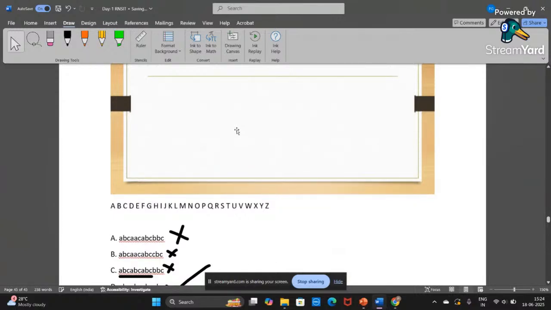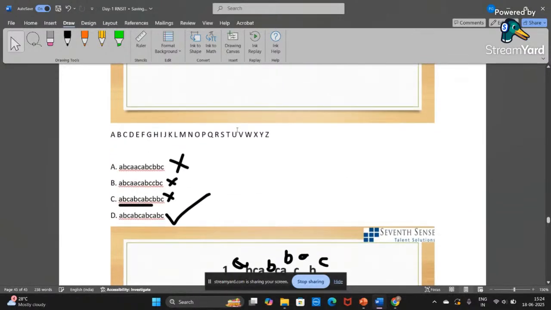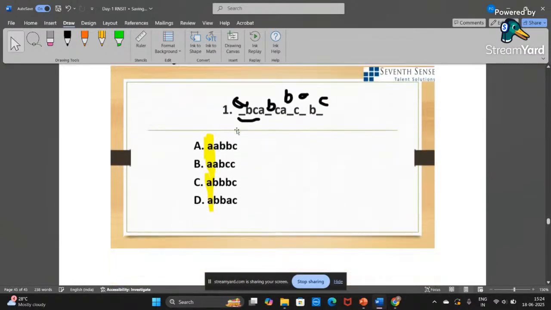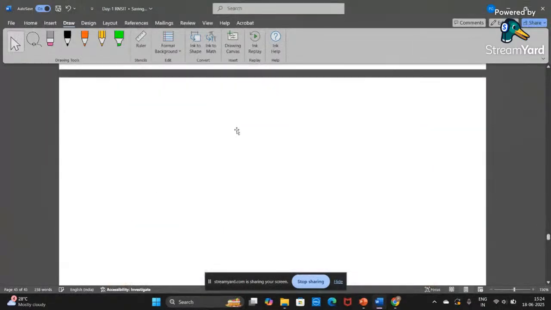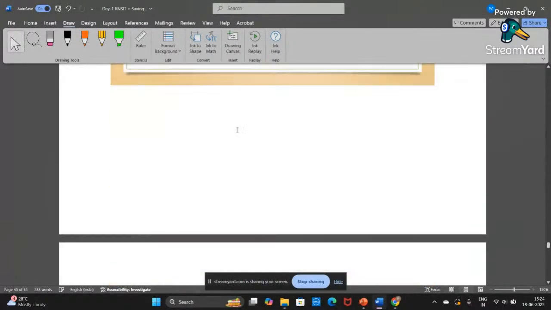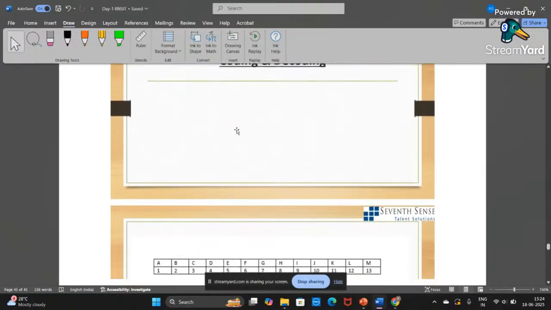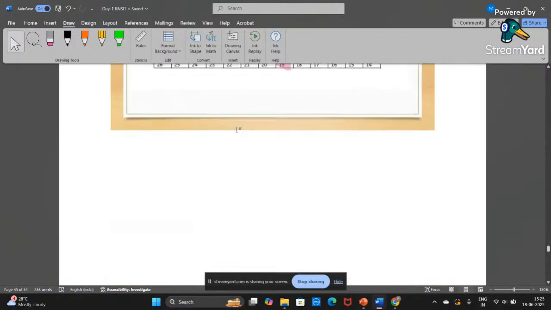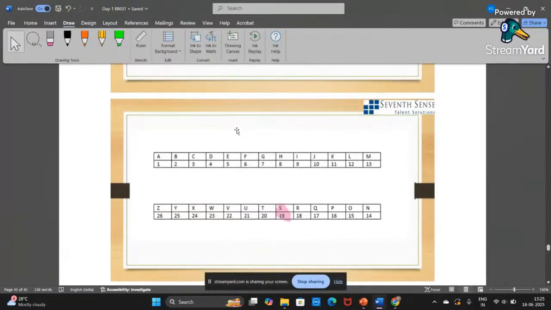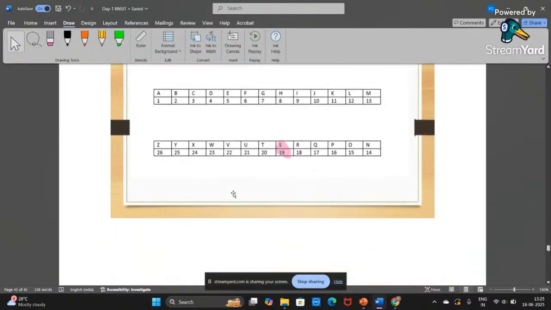And we continued with the letter series. Completed the coding and decoding part. Before starting with letter series and coding and decoding, in your test, just write this table in this format itself.